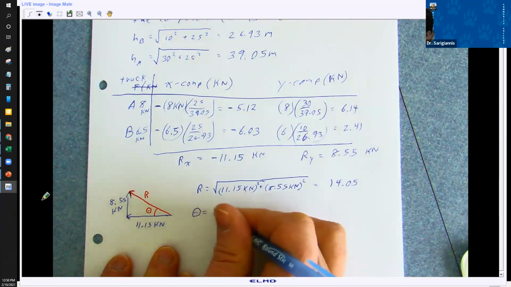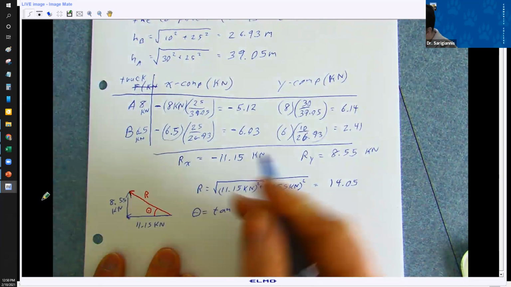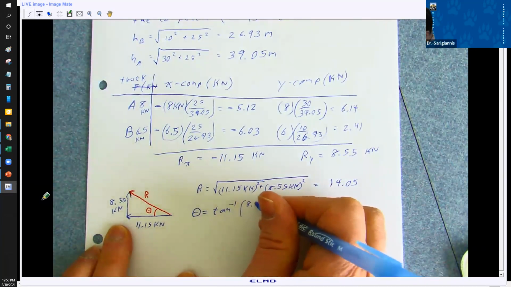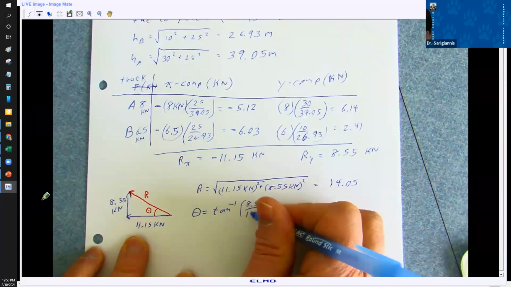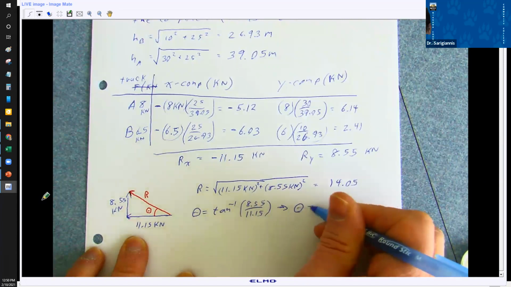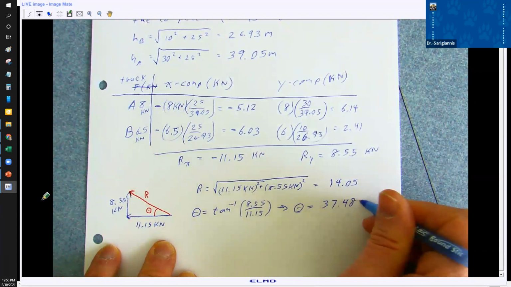Theta is the inverse tangent, right? Tangent is opposite over adjacent. So theta is the inverse tangent of opposite over adjacent, 8.55 divided by 11.15. This gives me a theta of 37.48 degrees.